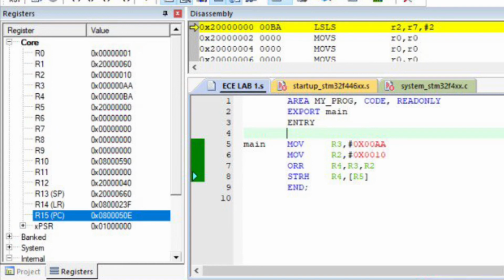We can see at the core part in R2 and R3 it applies like we programmed it, but R4 is the answer of OR. Next I use STRH to store R4 at the address of R5. At the yellow one, we can see the answer of OR, which is 00BA. It is in the address of R5.